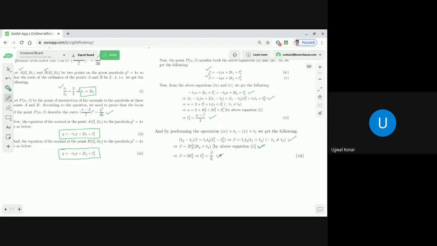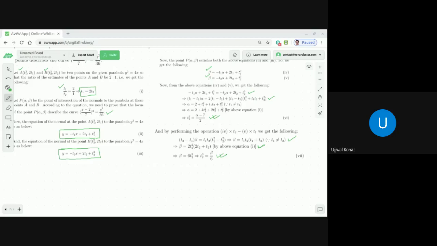Now these two equations are very important: T2 cube is equal to beta by 6, and T2 square is equal to (alpha minus 2) by 7. In both these equations, we can replace T2, correct or not? Very simple thing, and we are able to prove eventually.